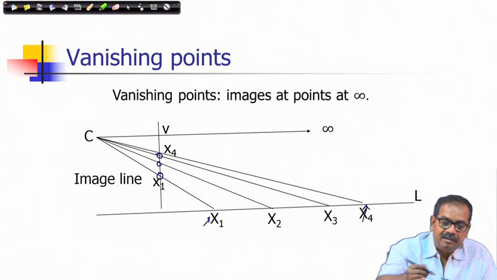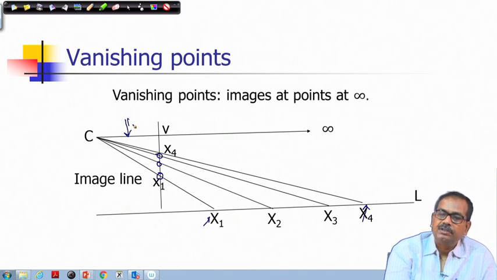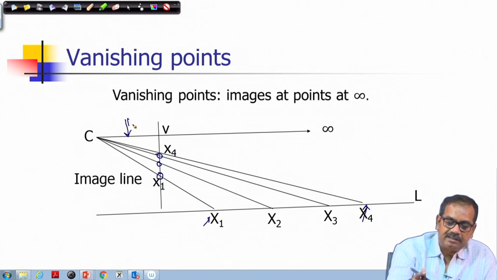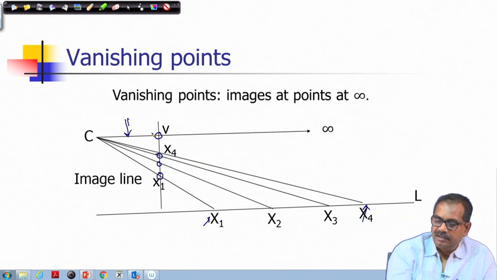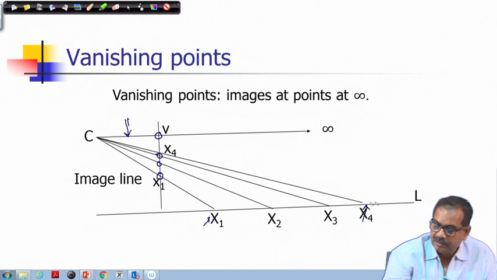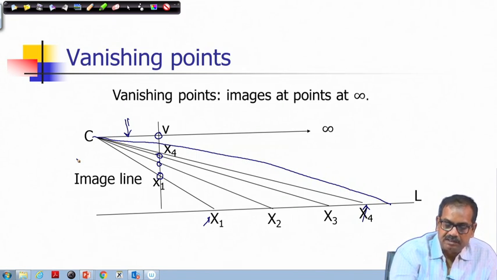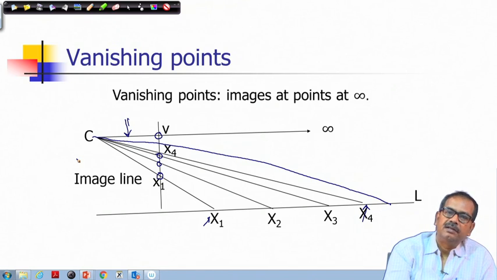Consider a line which is parallel to L and passing through that center C, and then that line, when it intersects the image line at point V, that is the vanishing point, because any other point you choose from this line will still intersect at a point which is not going beyond V, upwards in this case.